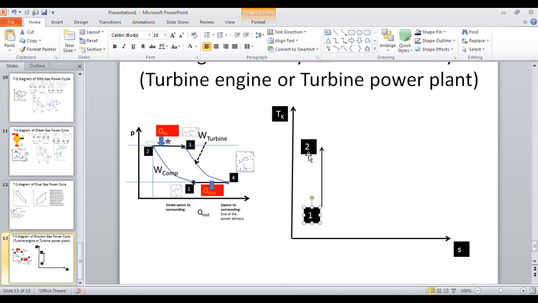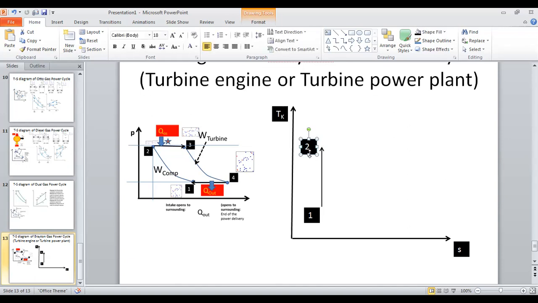So 1 to 2 is compression, and this is isentropic, constant entropy compression. So your temperature rises during the compression. Then you have the energizing, constant pressure energy addition.